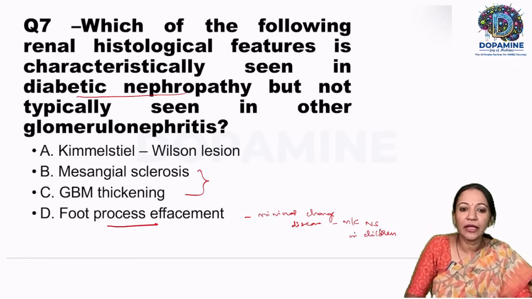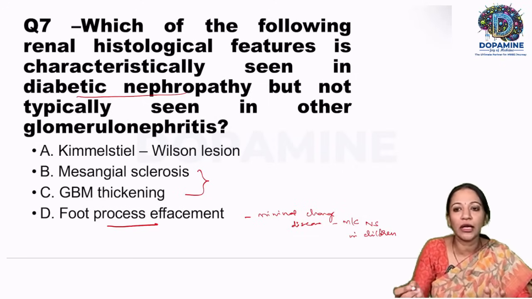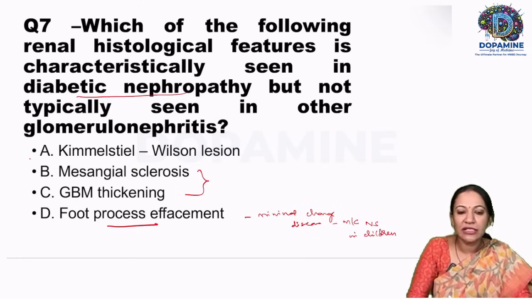Glomerular basement membrane thickening and mesangial sclerosis can occur in diabetes mellitus, but it can also occur in other nephrotic syndromes as well. So the classic diabetic lesion seen in diabetic nephropathy is Kimmelstiel-Wilson lesion.